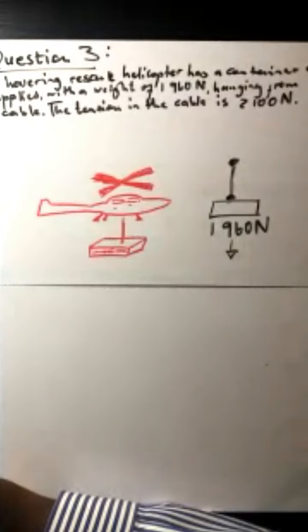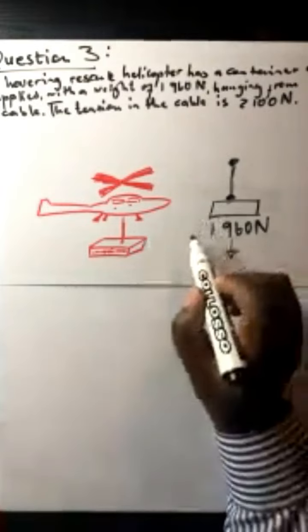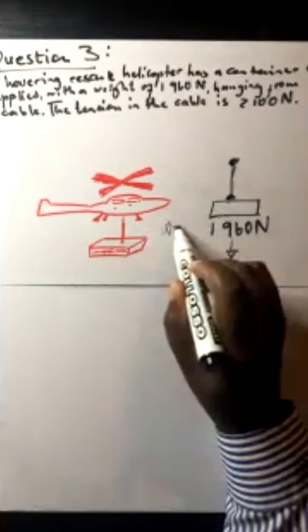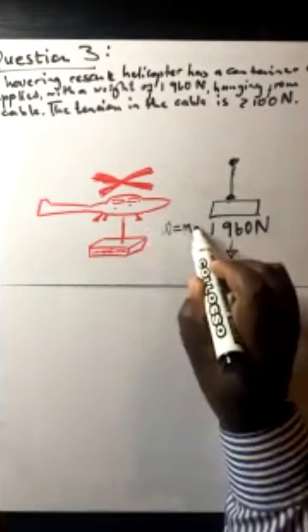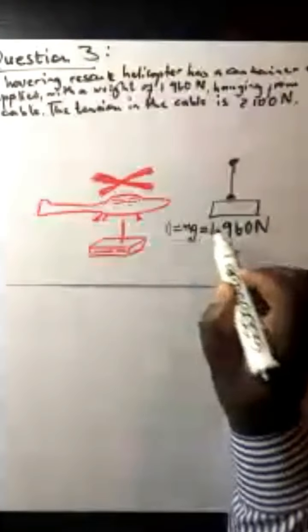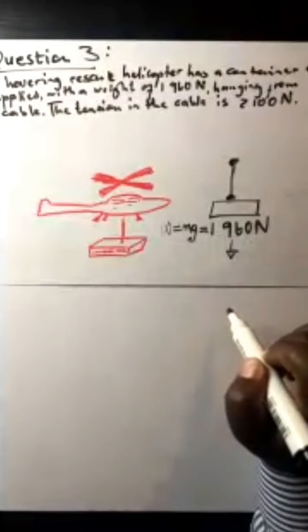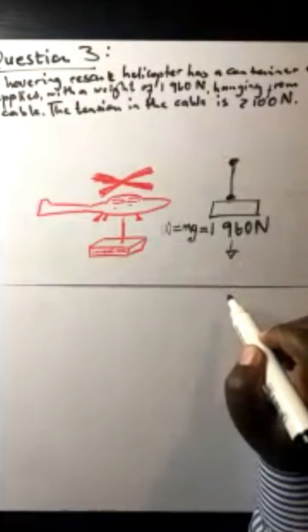Because it's the weight of that container. So the weight comes from this formula, guys. Remember, the weight is equal to mg, which is equal to 1,960 newtons in the downwards direction.